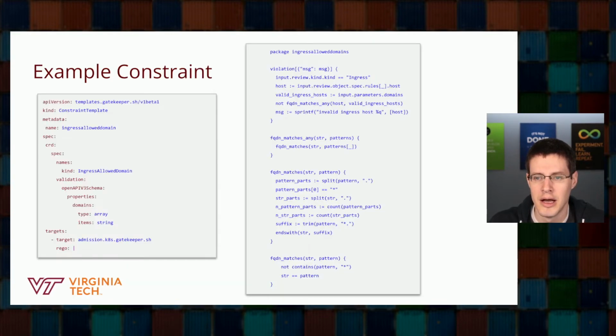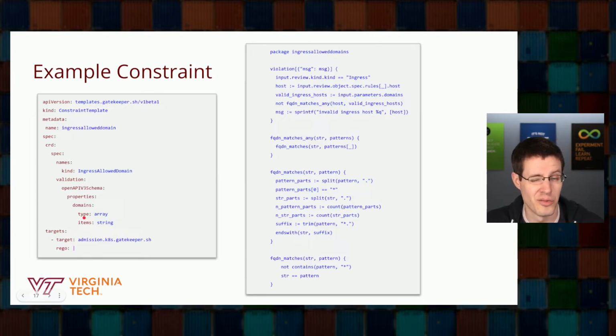Okay. So here's an example constraint, and this is actually the one we're going to be doing the demo here in just a minute. So I've got a constraint template. I'm going to call it ingress allowed domain, and what this is doing is saying, hey, whenever I define one of these objects, the specification is going to allow me to define domains, which is an array of strings.